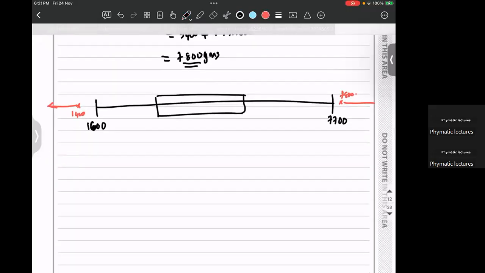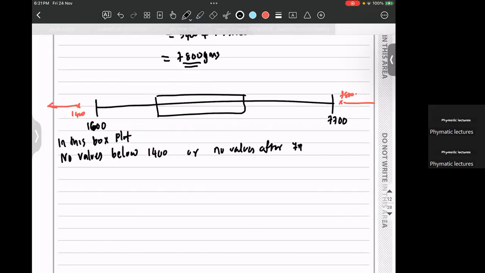So what is your conclusion? Here, in this box plot, there are no values below 1,400 and no values above 7,800.